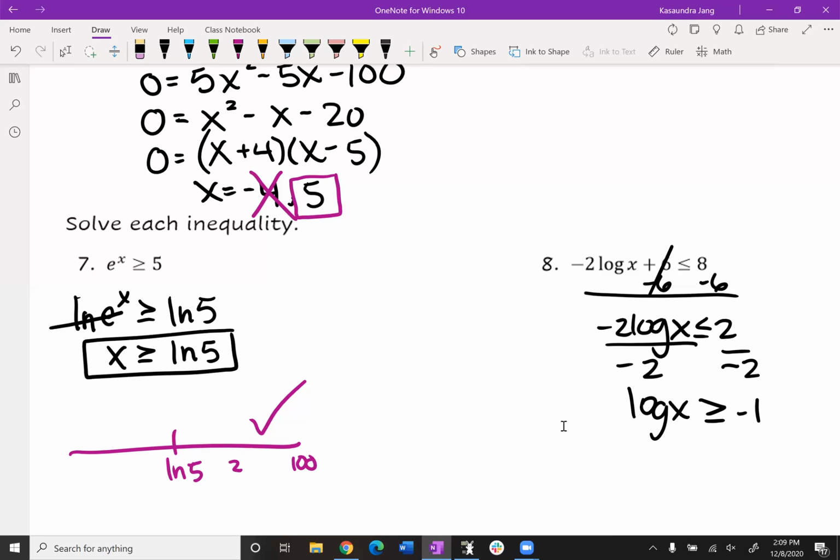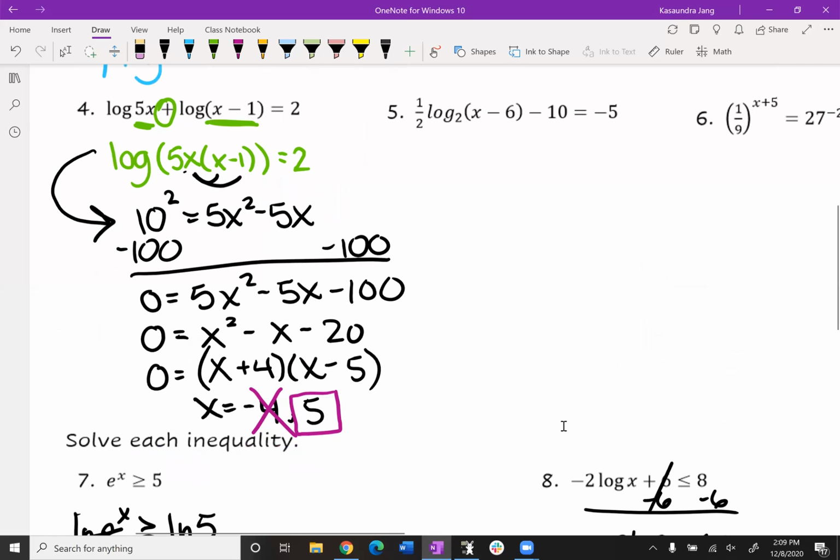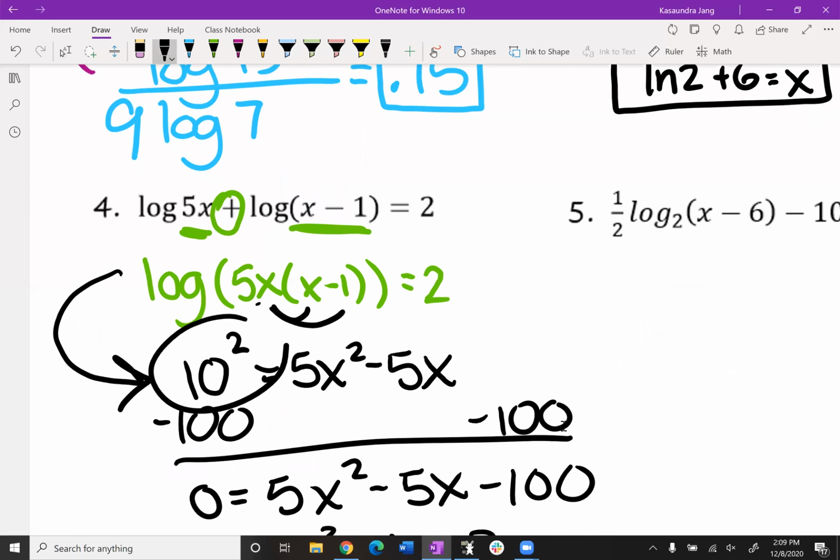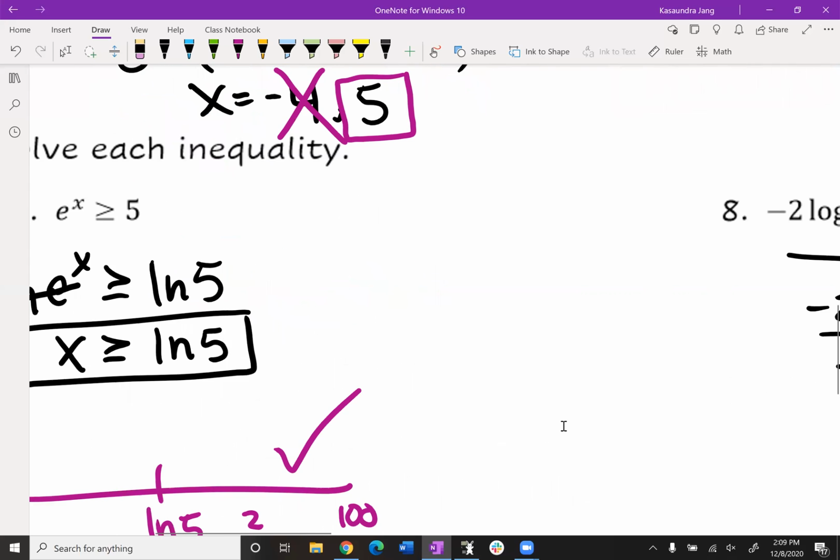So similar, let me look up here real quick. That was like these guys. See how they didn't write the base on that? Yeah, you got it. So then when I put it in exponential format, what did I make my base on this, Lauren? Totally 10. Every time they don't write the base, it's that common log base 10 every time.